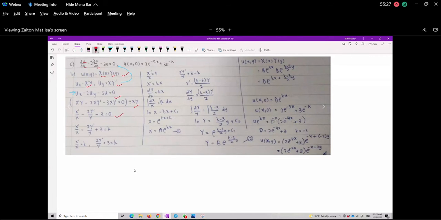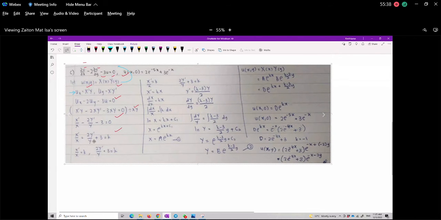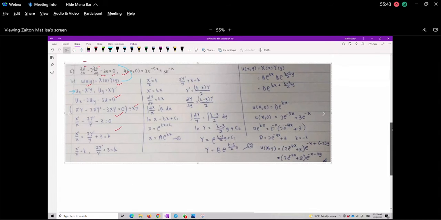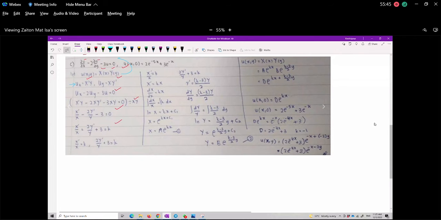X prime over X equals a constant k. Then we have two equations, one for x and the other for y, right? Some of you might, at this step, maintain the 3 with the x.